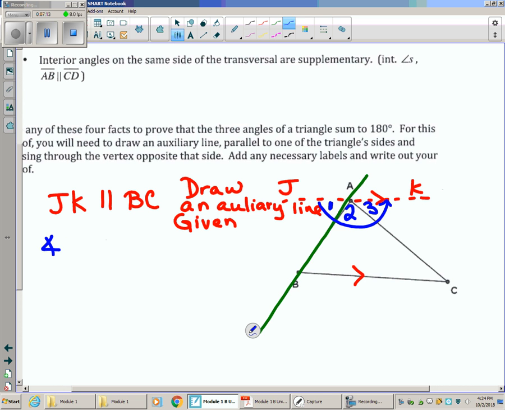So we have angle 1 plus angle 2 plus angle 3 is equal to 180. Okay. So now we know that, okay? So this here is angles on a line.